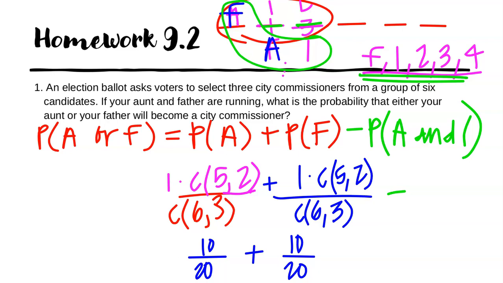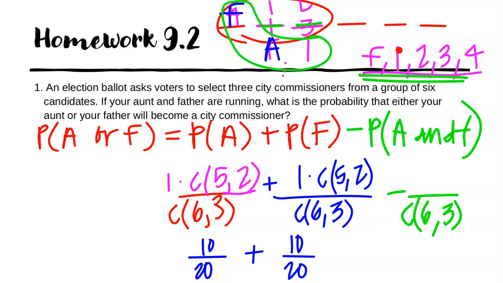And now the probability of my aunt and my father being chosen would be the probability we found last class. Of the 6 people, how many different ways can I select 3 of them? And my numerator was, if I fill my aunt and my father in these two spots, how many different ways can I fill this last spot?